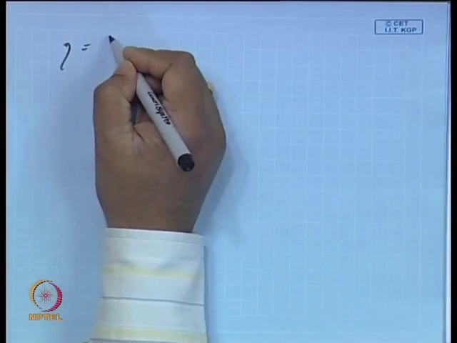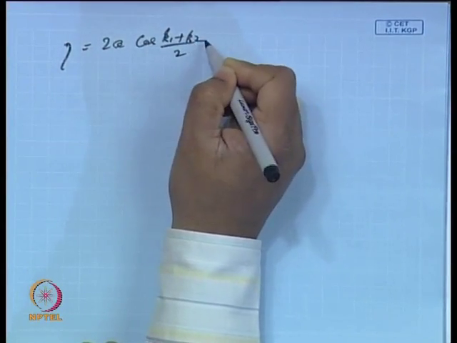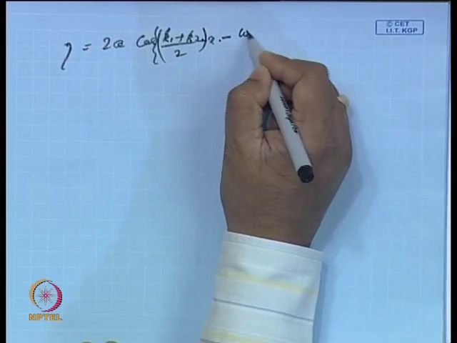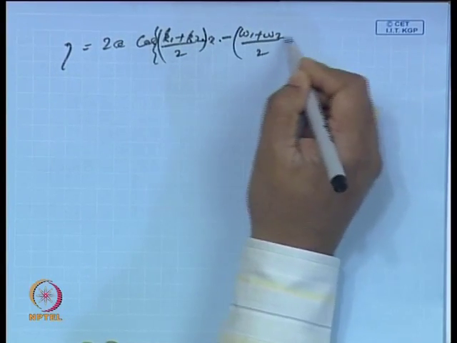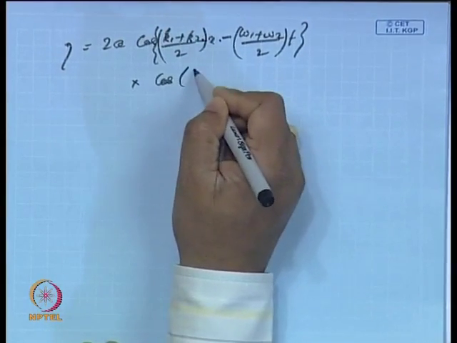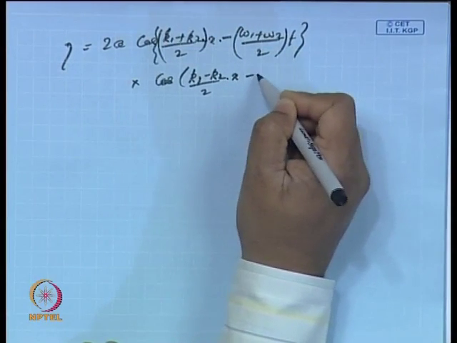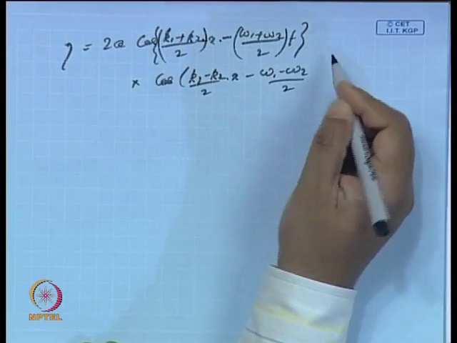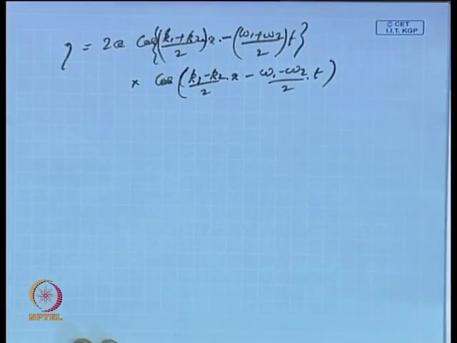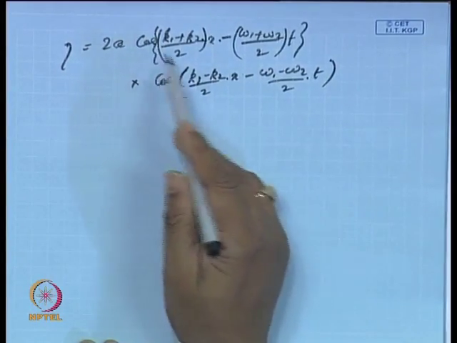My resultant wave is basically 2a cos((k 1 plus k 2)/2 times x minus (omega 1 plus omega 2)/2 times t), multiplied by cos((k 1 minus k 2)/2 times x minus (omega 1 minus omega 2)/2 times t). So there are two things here: this is again a wave, and this is again a wave. It is a product of two waves.